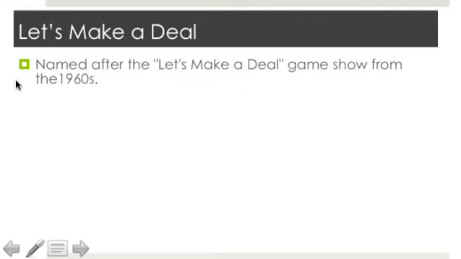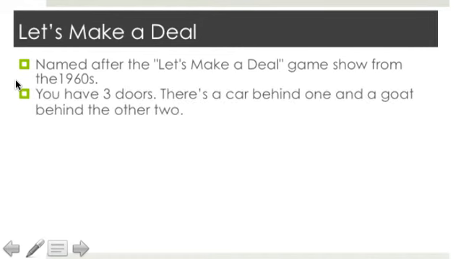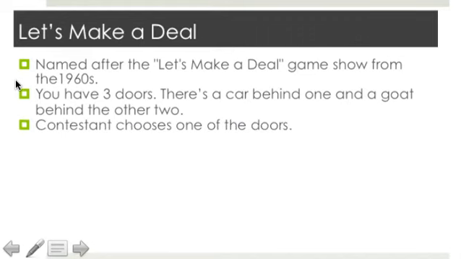The Let's Make a Deal paradox was named after the game show from the 1960s with the same name. And the idea is this. You have 3 doors that are closed. There's a car behind one door and a goat behind the other 2, the goat being the booby prize. You as the contestant get to choose one of the doors.